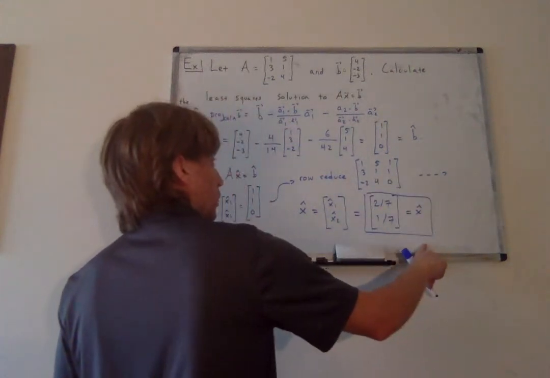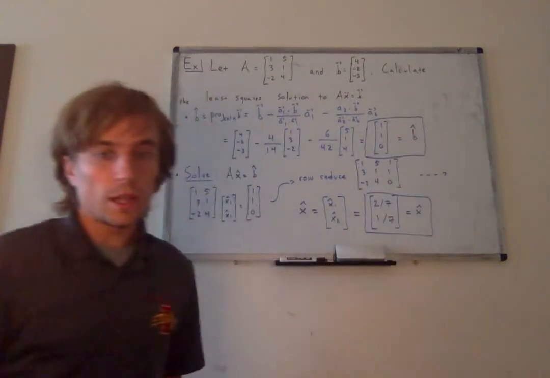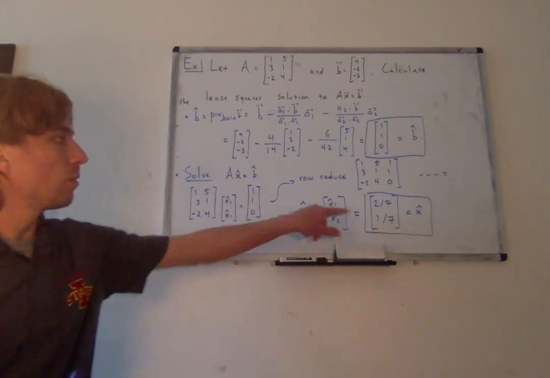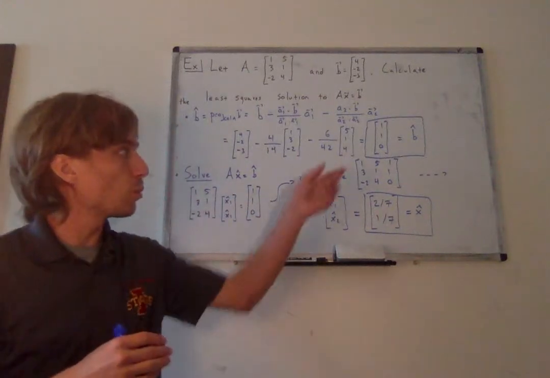So this is the least squares solution, and this is our approximation to b using the columns of A, where x hat is the vector defining how we combine the columns of A to approximate b.